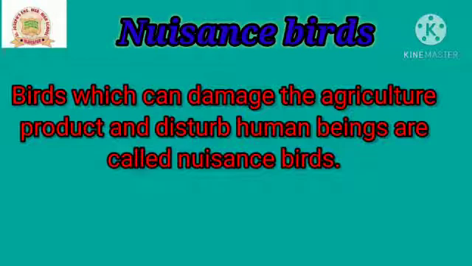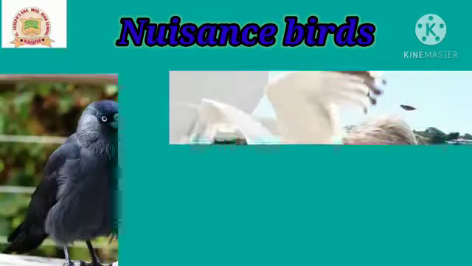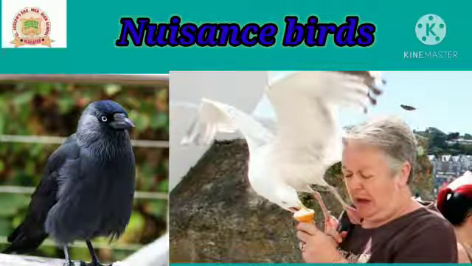Now the next one, the birds which are harmful to human beings and can damage agricultural products are called harmful birds, or nuisance birds. For example, crow and gull are nuisance birds. They can harm.